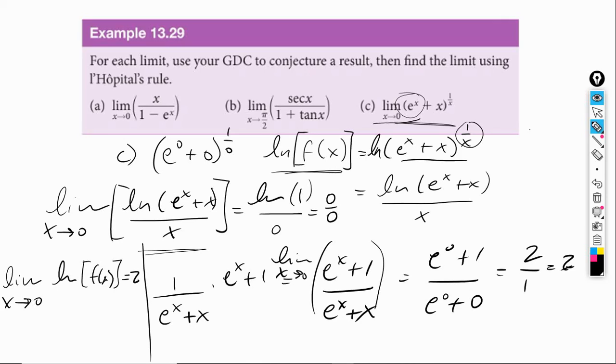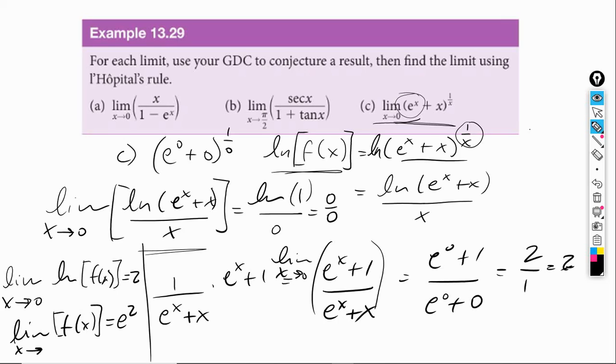Therefore, because this is the limit as x approaches 0 of the natural logarithm of f of x, that implies that the limit as x approaches 0 of f of x is going to be e to the 2.